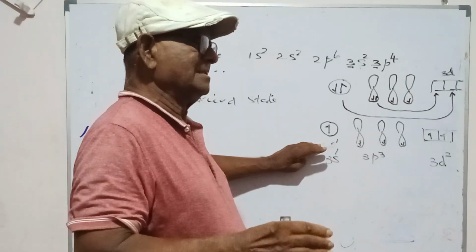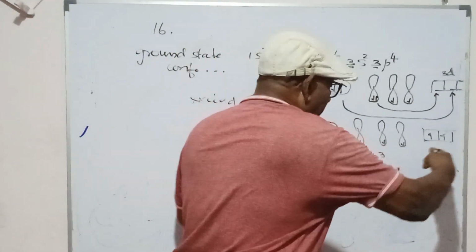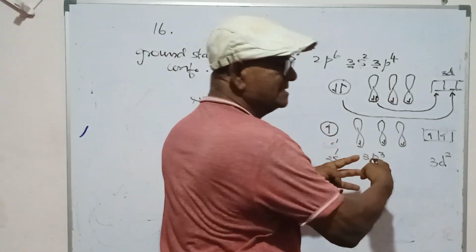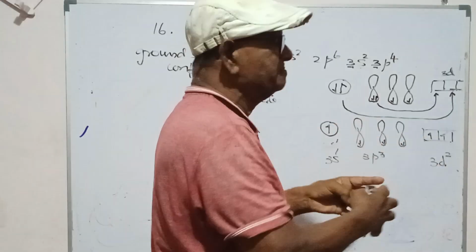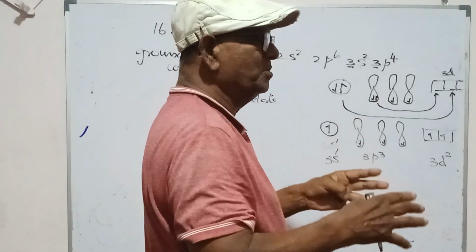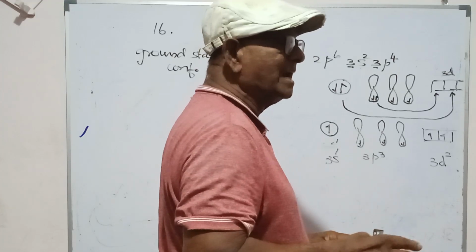At the hybridization state, all the 6 orbitals come together to the same energy level with the same shape. So they undergo hybridization.